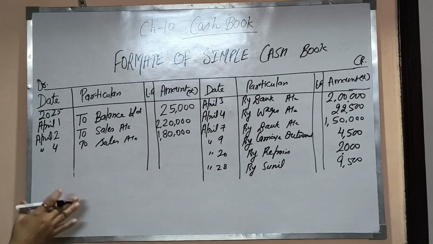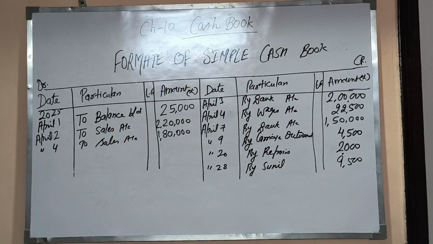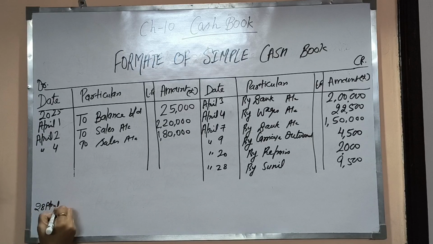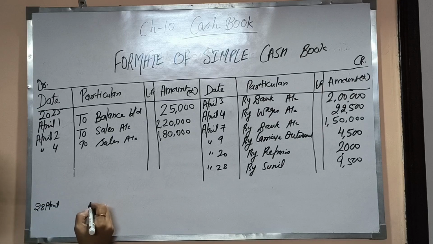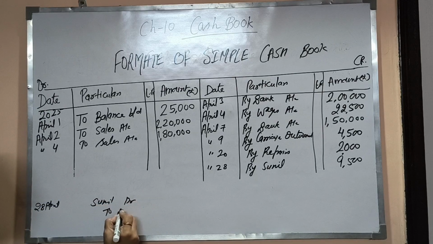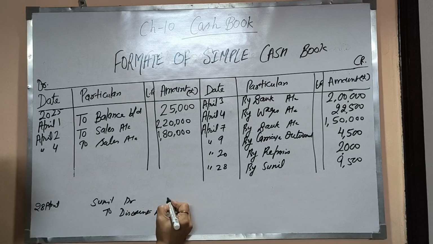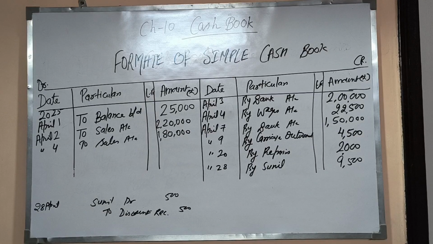Under the cash book we have to pass a journal entry for the discount received. The entry is in the format of a journal. Entry is Sunil debit to discount received 500.